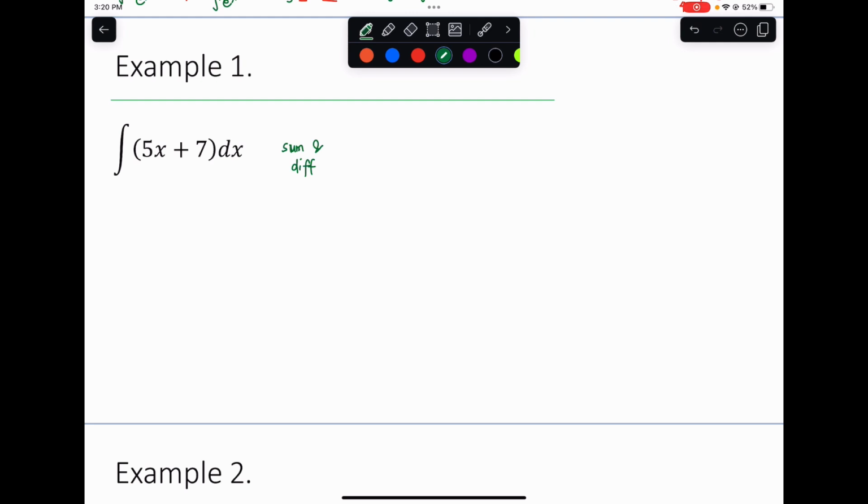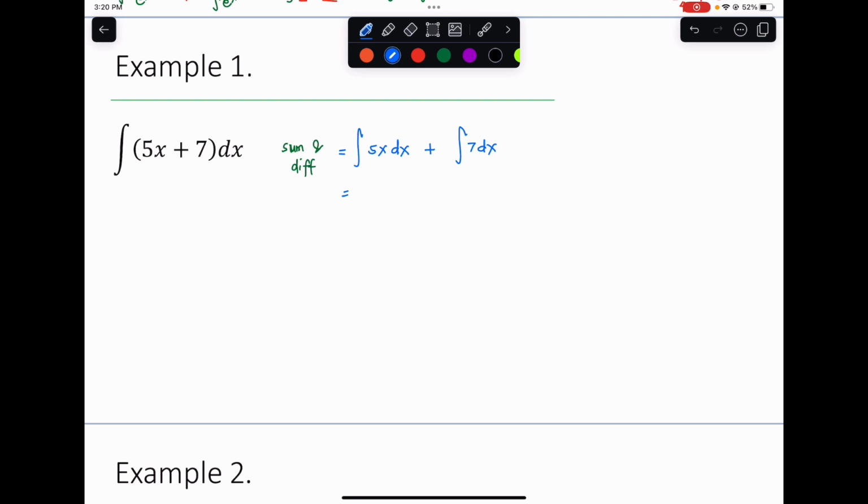In the sum and difference rule, we distribute the integral sign. So that is the integral of 5x dx, with the differential dx to denote that our variable of integration is x, plus the integral of 7 dx.